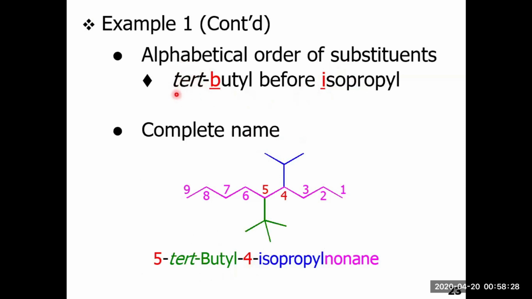So if you have tert-butyl, we use the butyl as a basis for alphabetization. So the final name for this one will become 5-tert-butyl-4-isopropylnonane. Again, these are the substituents in alphabetical precedence, and this one is the parent.